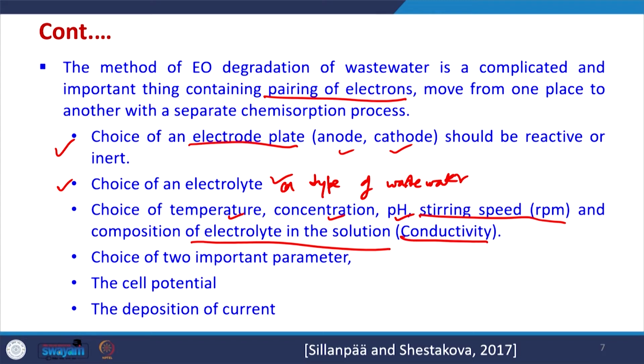If sufficient conductivity is there because of the presence of salts, we do not need to add salt from outside. Otherwise, we need to add salt from outside. Other parameters include cell potential, and whether deposition is happening on the anode surface or cathode surface, because of which current may reduce. So, all these things are important.